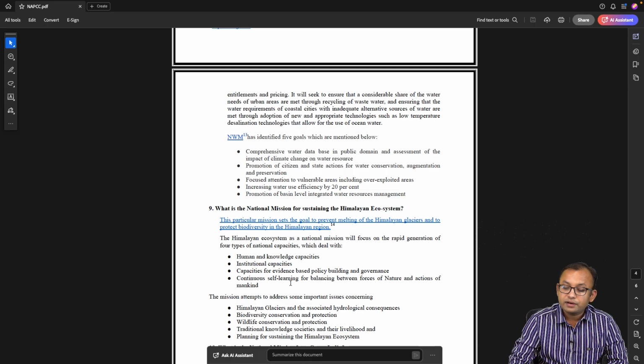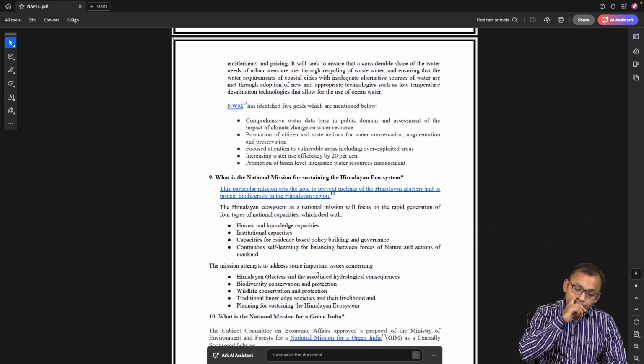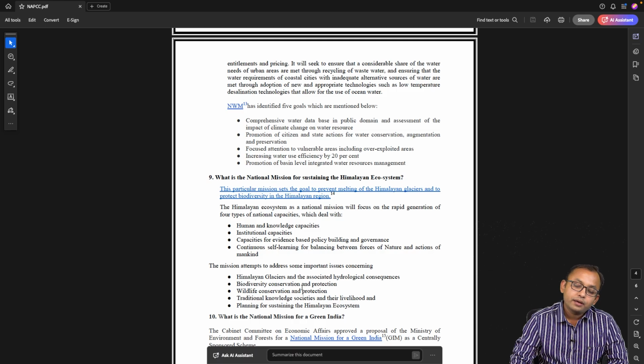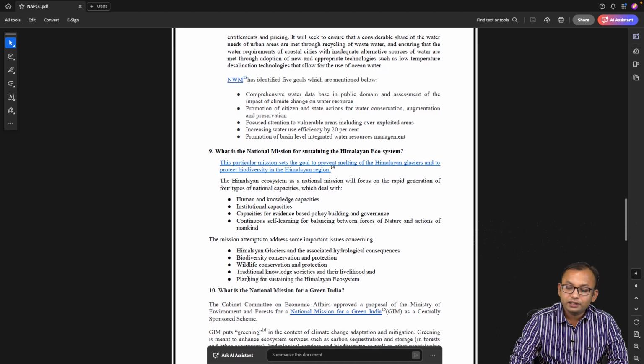And then there is continuous self learning for balancing between the forces of nature and the actions of mankind. This mission looks at the Himalayan glaciers and associated hydrological consequences, GLOFs for example, and glacier melting. It also covers biodiversity conservation and protection, wildlife conservation and protection, traditional knowledge societies and their livelihoods, and planning for sustaining the Himalayan ecosystem.